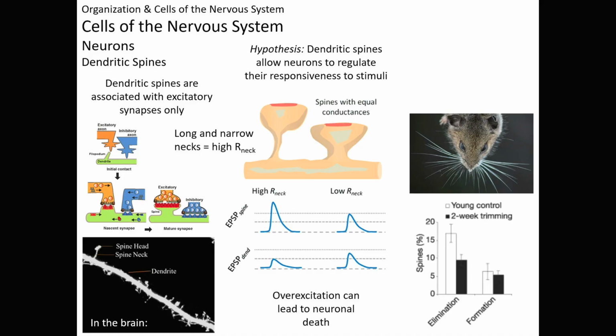But if you have too much stimuli coming into a neuron, it can actually lead to the death of that neuron. So reducing your spine number, making your necks more long and narrow when there's too much stimulation coming into the nervous system can be a protective mechanism to limit that neuronal cell death from overexcitation.